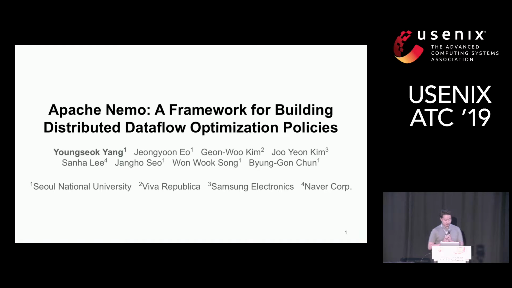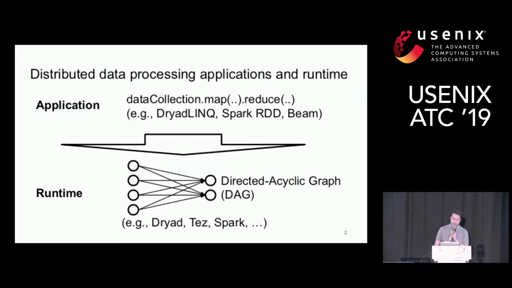Good morning. So this is the lightning talk for Apache Nemo, a framework for building distributed data flow optimization policies. Nemo policy optimizes distributed scheduling and communication of big data pipelines.